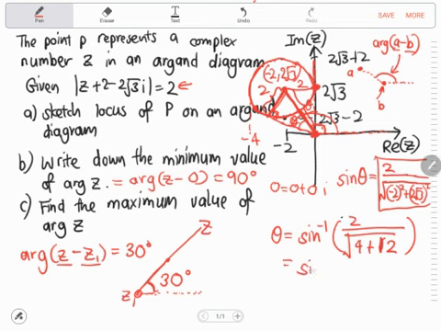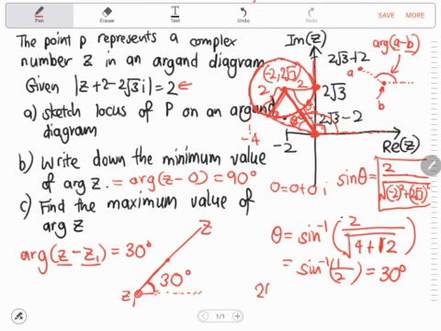So sine inverse of half, and we know that this is just 30 degrees. You can key into a calculator to get that, or you can remember some of the standard angles. So theta equals 30 degrees.